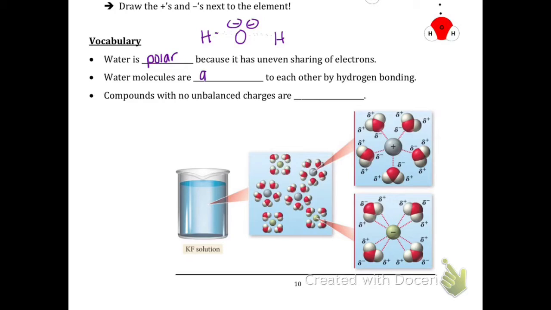So water molecules are attracted to other water molecules because of the polarity. And if you have no unbalanced charges, if they are playing that tug of war evenly, then we call these compounds non-polar.